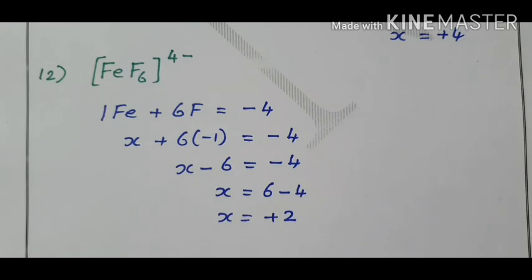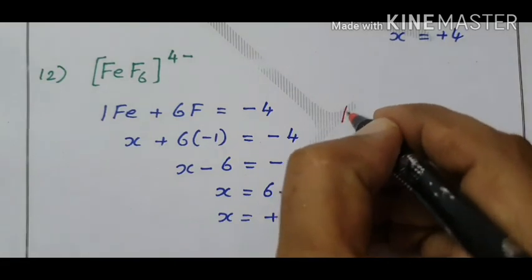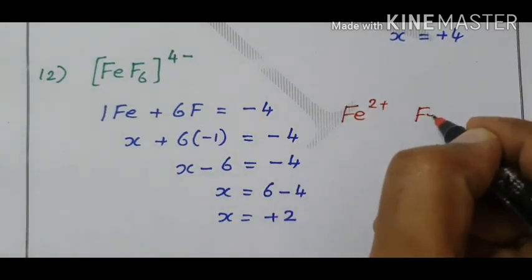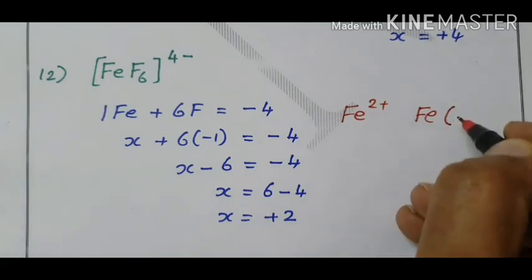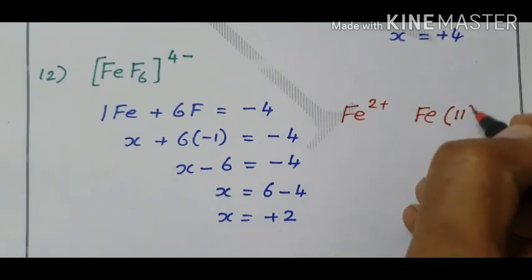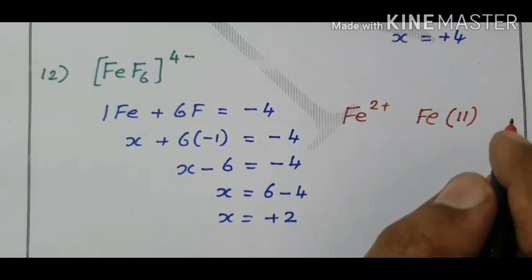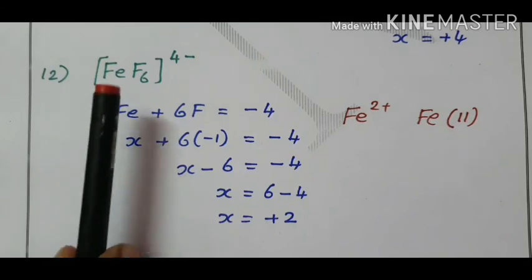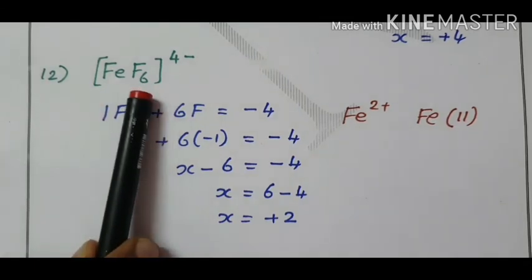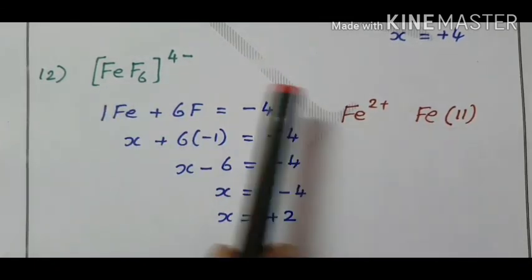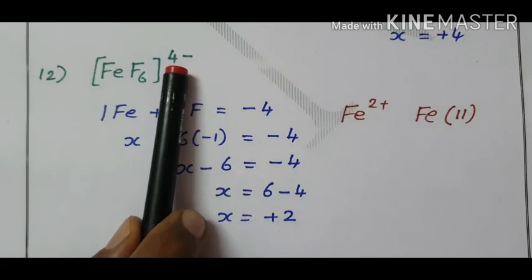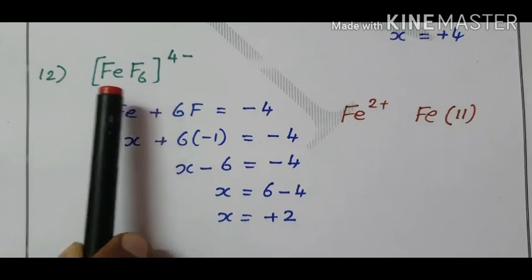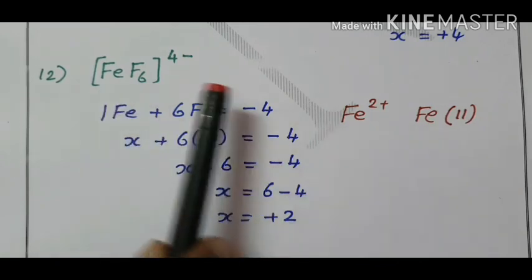So that is indicated by Fe ferrous ion 2 plus, or Fe oxidation state Roman numeral 2. Now, how to name it? Hexafluoridoferrate(II) ion.